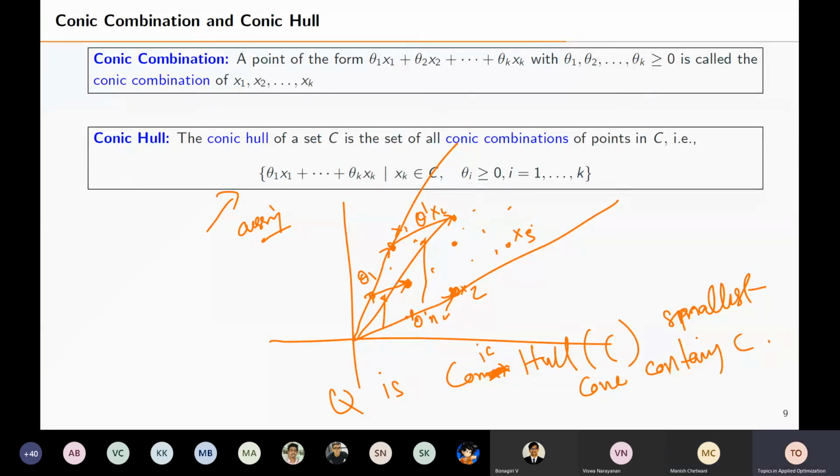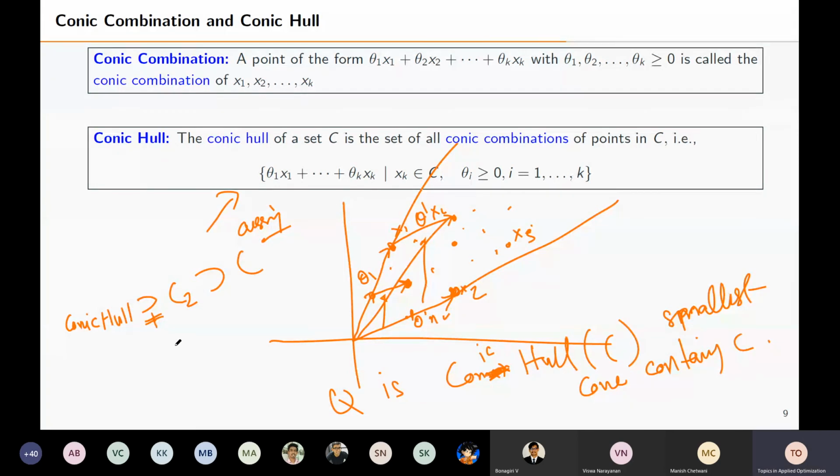Yeah, but the question that I am asking is the following. The conic hull contains some, let us say, cone C2, which contains C, but it is a proper subset, so this is not equal.